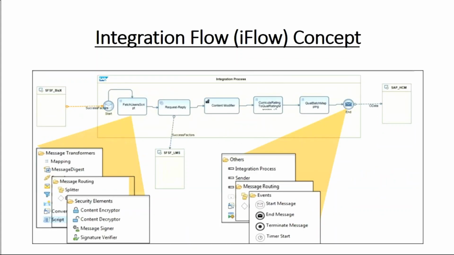Now there is something called the iFlow concept in your HCI. iFlows are just standard integration content from HCI. Each flow contains logical and technical routing, which means you can create some business rules with the help of already existing events and options.